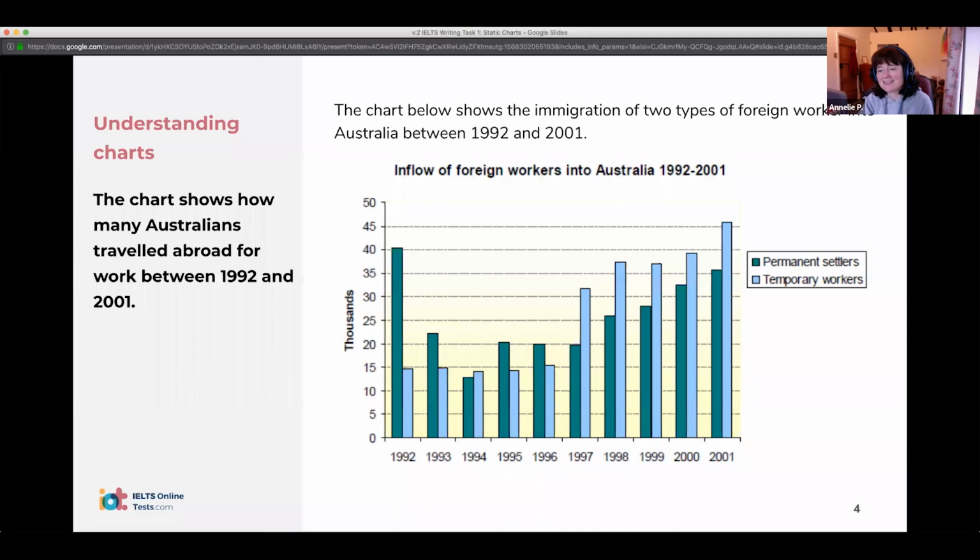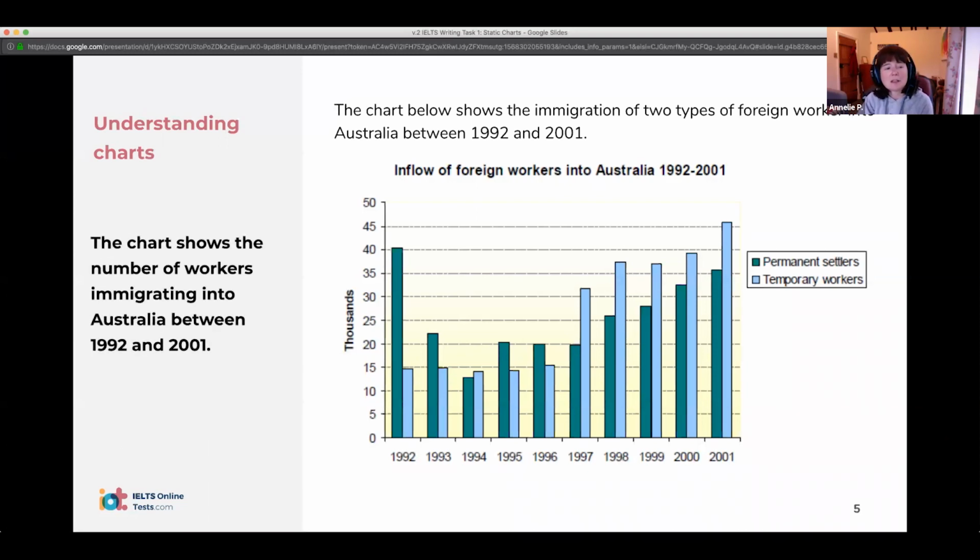Yeah, okay, good. So why is that false? What's the correct information? Okay, good. We're talking about people immigrating into Australia. We're not talking about Australians emigrating out of the country. Okay, so that's the first one.